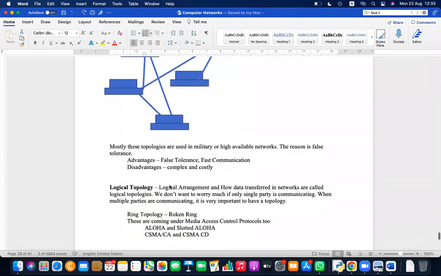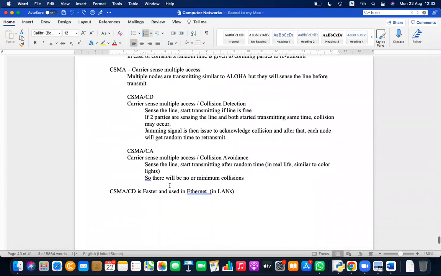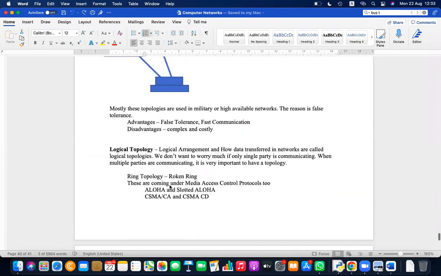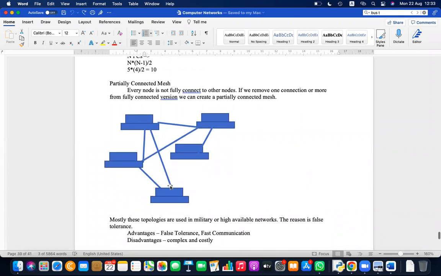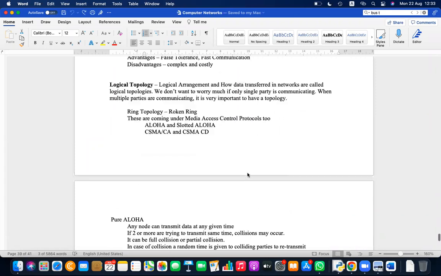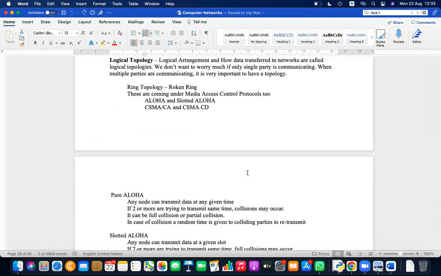I'll share the notes if you want. And there are logical topologies too. Logical topologies means how these are communicating. These are also in your syllabus. We have already discussed how ring works; how the ring works is called logical ring topology.